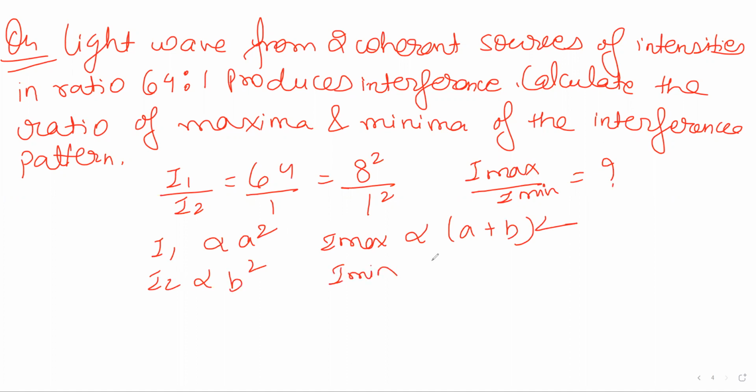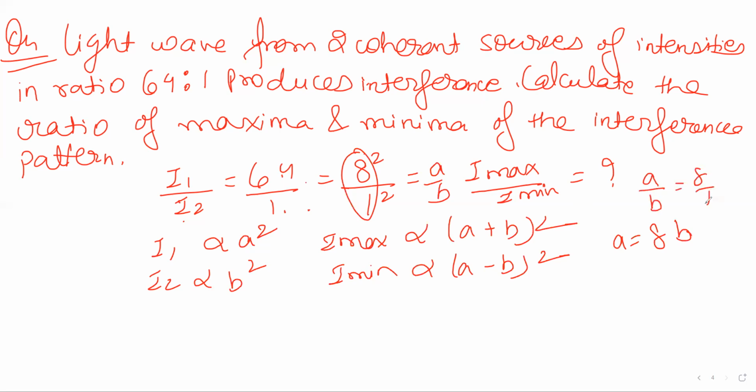So I minimum is directly proportional to (A minus B) whole square. So I1 upon I2 is equal to A square upon B square, which is 64/1. So A upon B is equal to 8/1. Correct? So A is equal to 8 times B, because A upon B is equal to 8 upon 1.